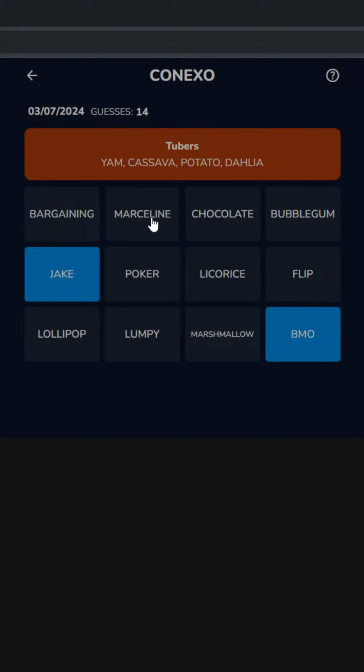Maybe flip is a name. No. I am clueless. BMO, Jake, and Marceline point me to Adventure Time, but maybe licorice? No. Lumpy, licorice.